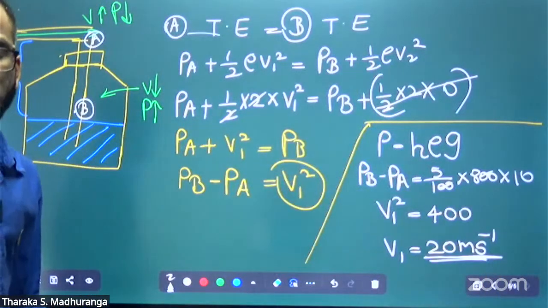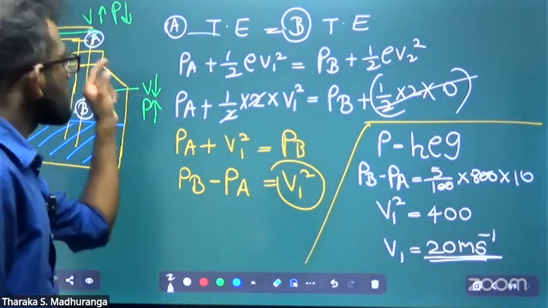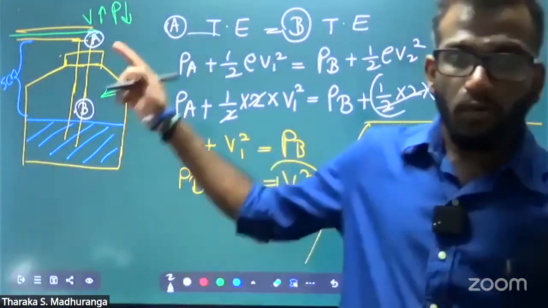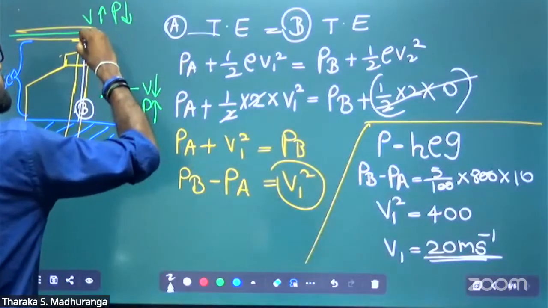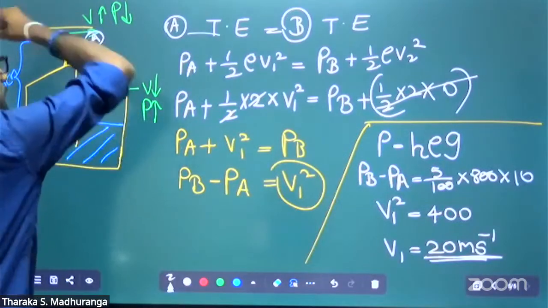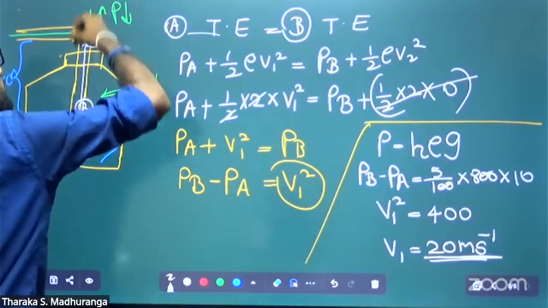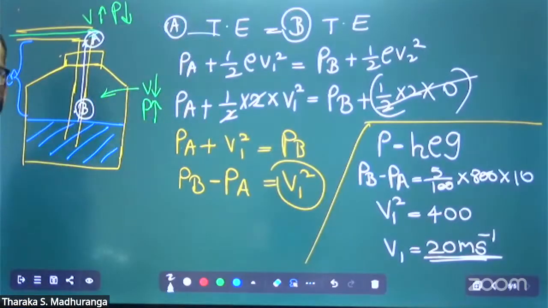A minimum of 20 meters per second of air flow is required for the fluid to come up into this nozzle and make a spray. Understood?